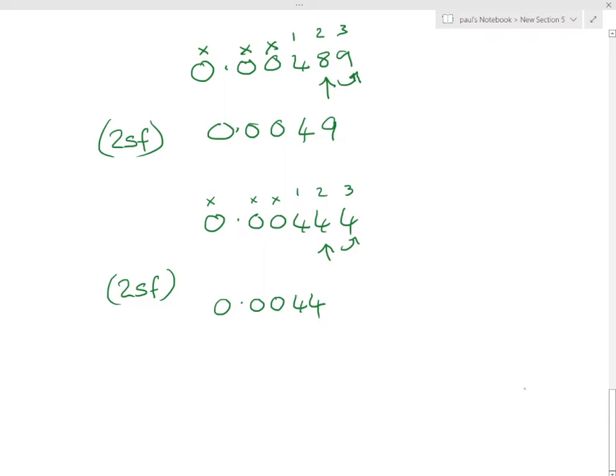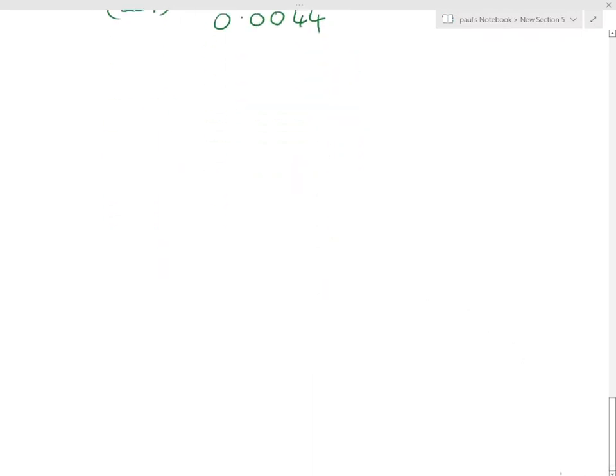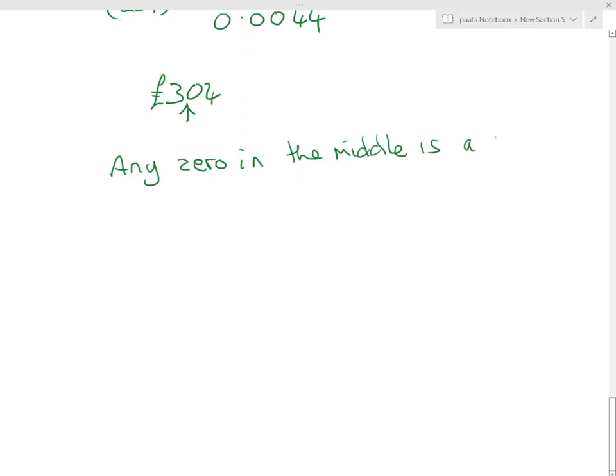Now, remember I mentioned that £304, and I said that the 0 was significant in that value. Well, the second part of this is any 0, I'll call it in the middle, is a significant figure. So let's have a look at this 304.